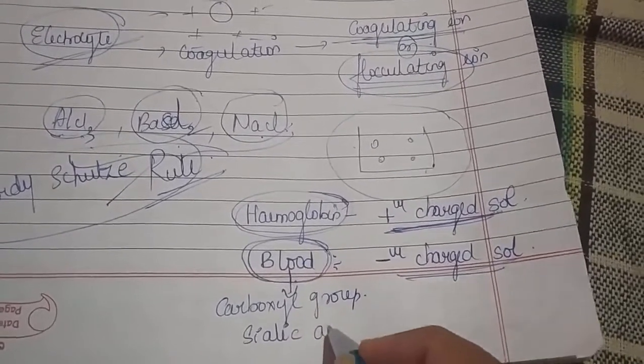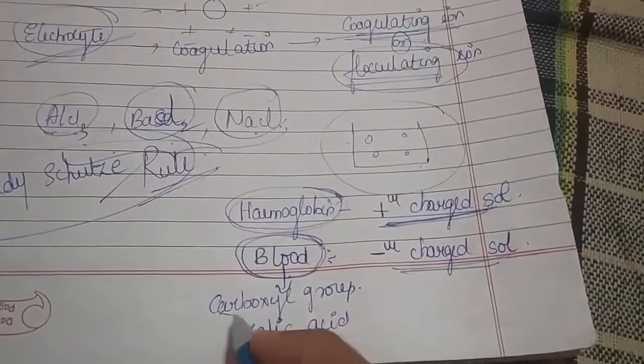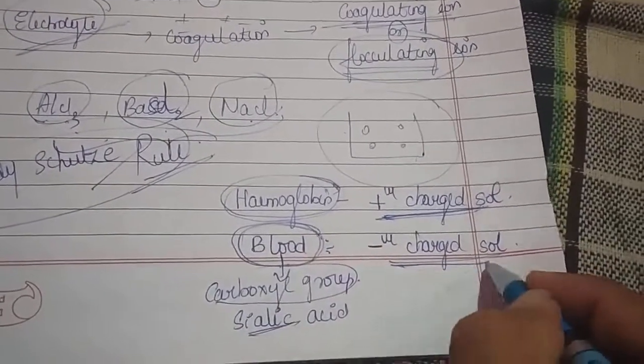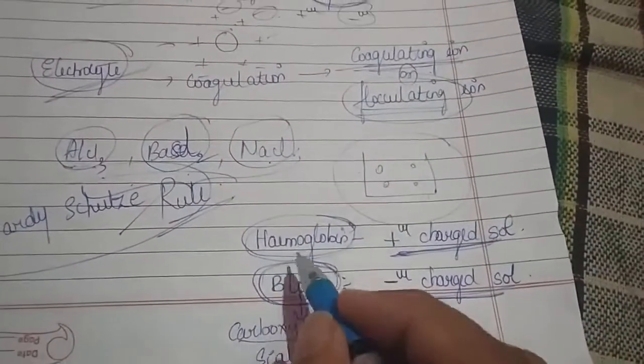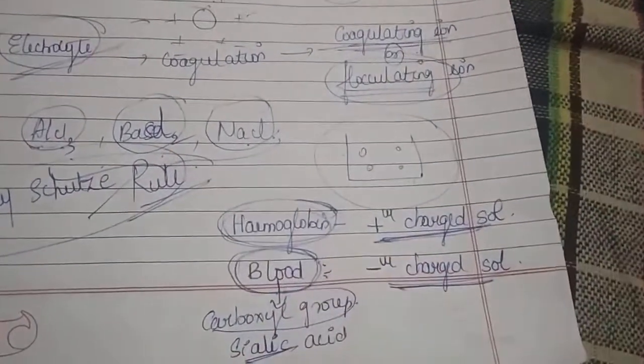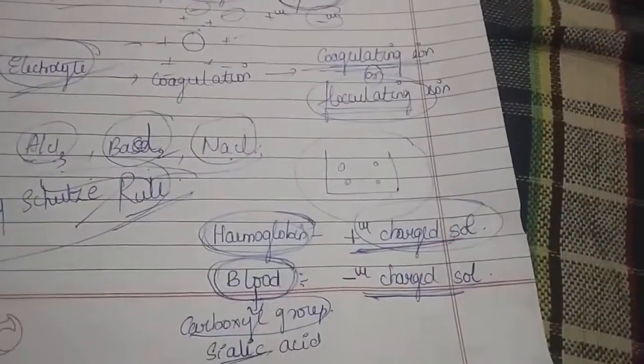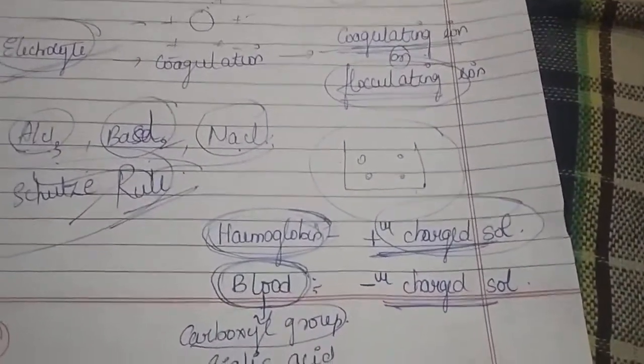So due to this carboxyl group of sialic acid, your blood is a negatively charged salt, whereas your hemoglobin, of course the ferric content, is a positively charged salt. An important concept I would like to mention.